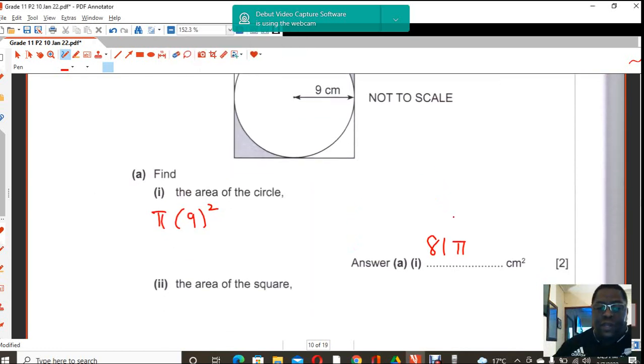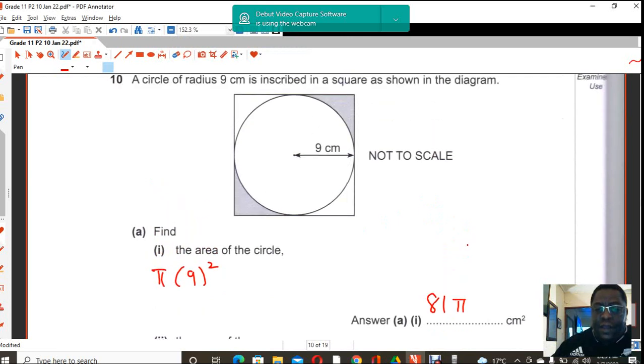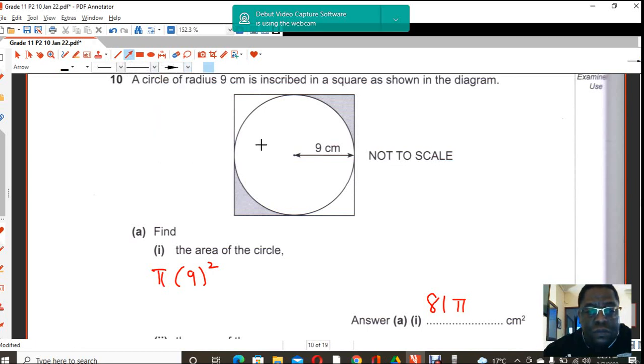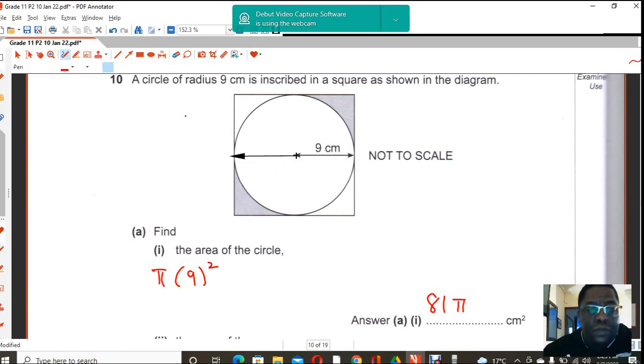Okay, right. The next one, they want us to find the area of the square. Now remember, if you have a look at this distance here, that is also 9 centimeters.